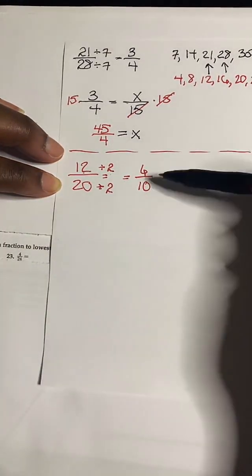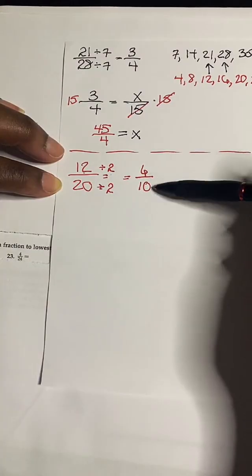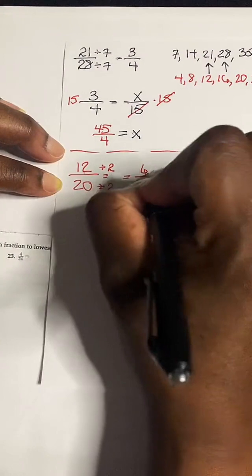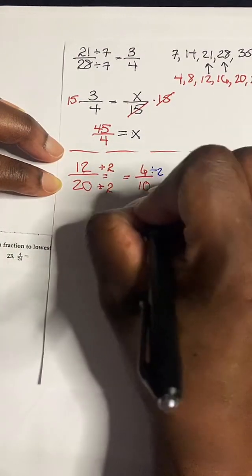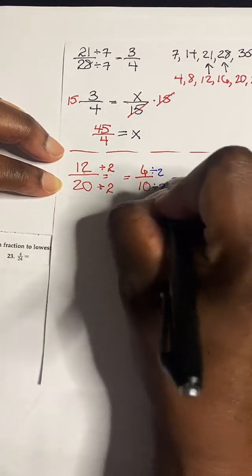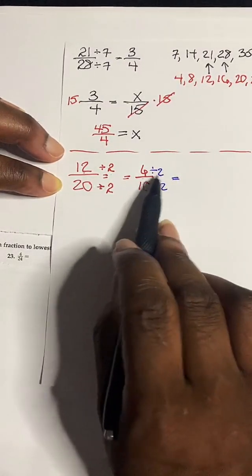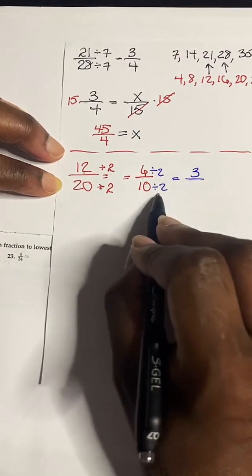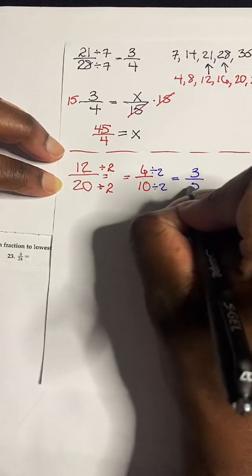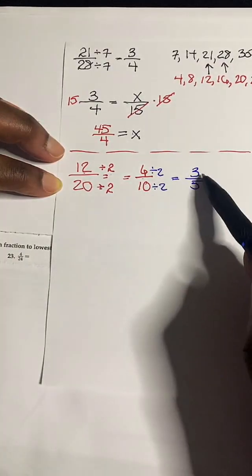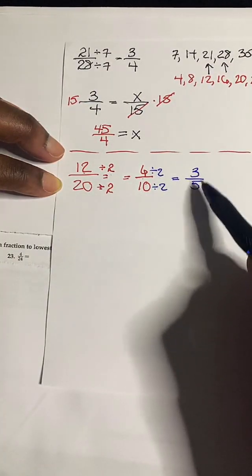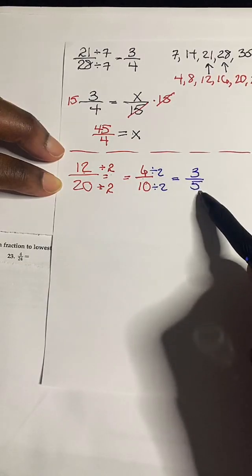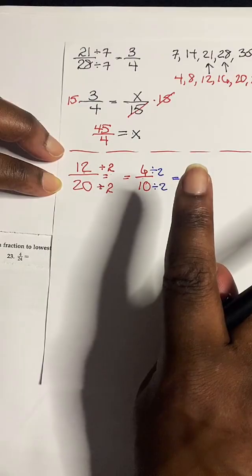So now I have another set of 2 even numbers, which means I can divide by 2 again. 6 divided by 2 gives me 3, and 10 divided by 2 gives me 5. So 3 and 5 are both odd numbers, and the only thing they have in common is the multiples of 1.